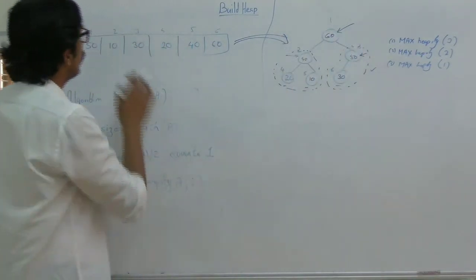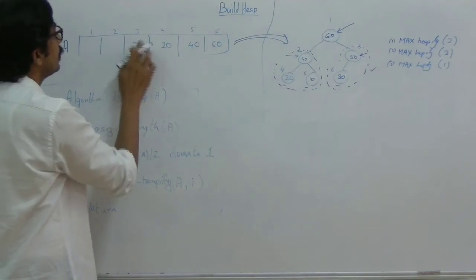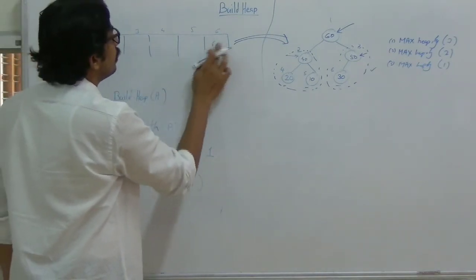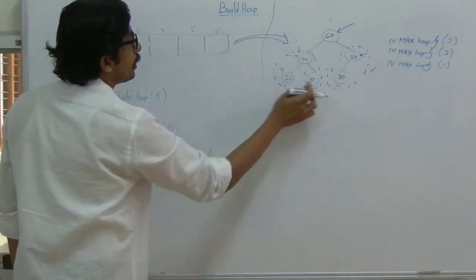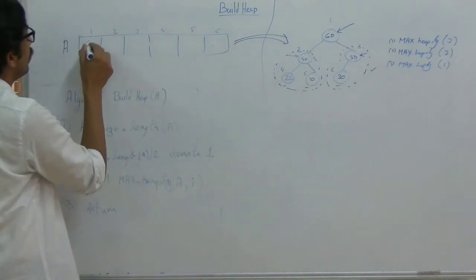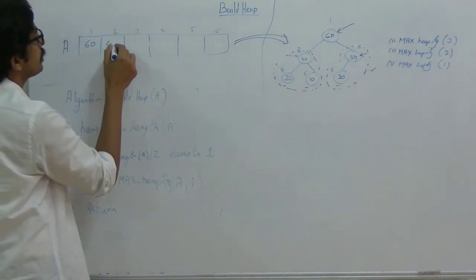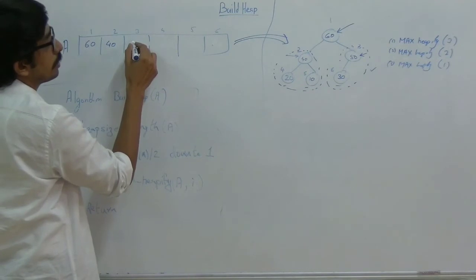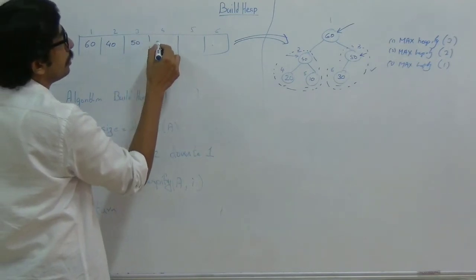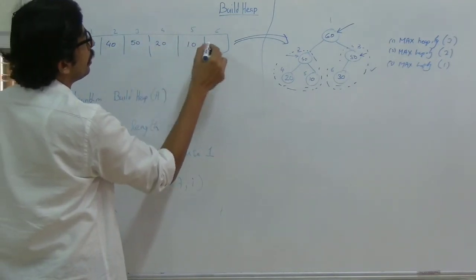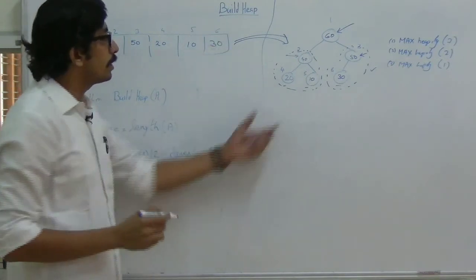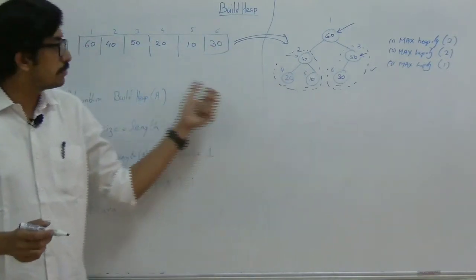Now we can see that the tree is 60, 40, 50, 20, 10, 30, which is a max heap, and the array will be changed to 60, 40, 50, 20, 10 and 30. You can see that you have a max heap structure.